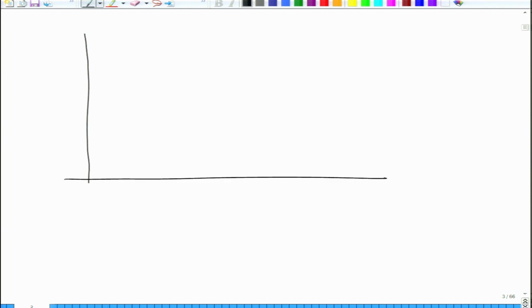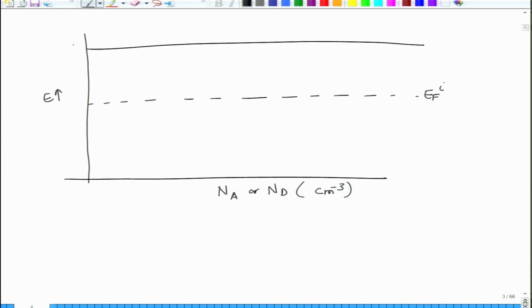So, this is your energy scale, and this is NA or ND, typically given in 10 to the power per centimeter cube. Let us say this is the value of EFI, this is your EC and this is your EV.